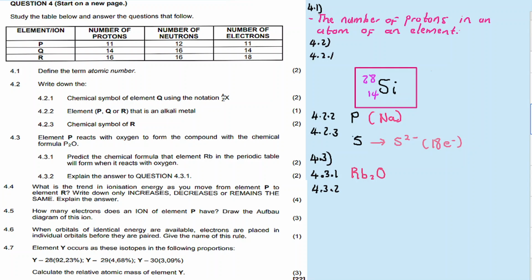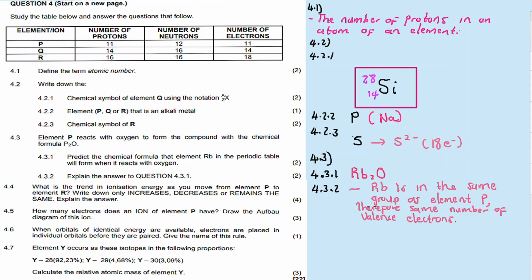4.3.2: explain your answer to 4.3.1. I gave away the answer already. Our answer lies in that Rb is in the same group as element P, therefore it has the same number of valence electrons.